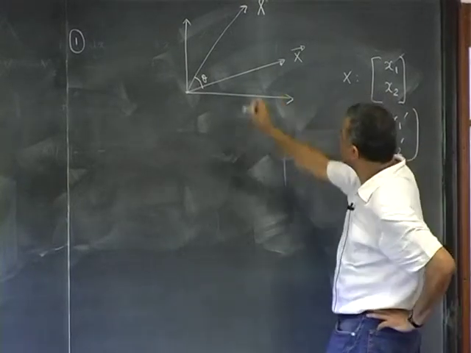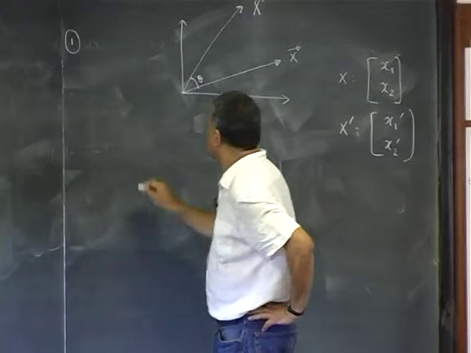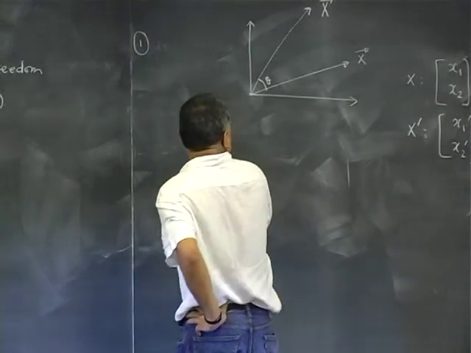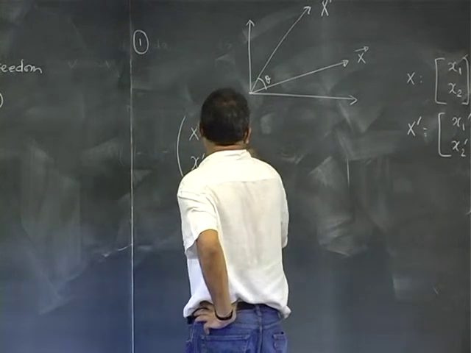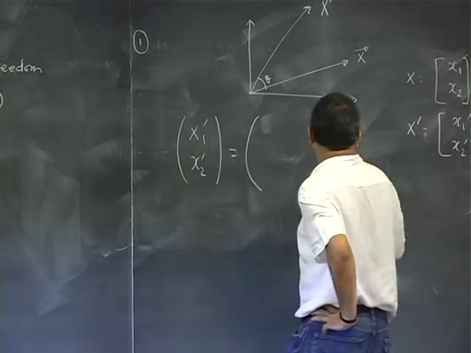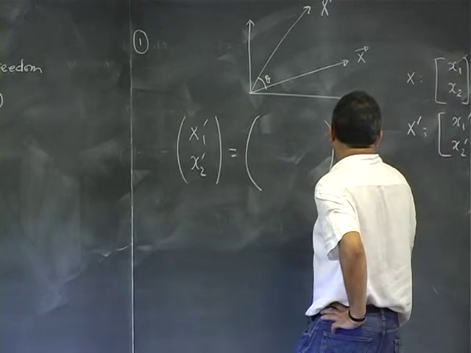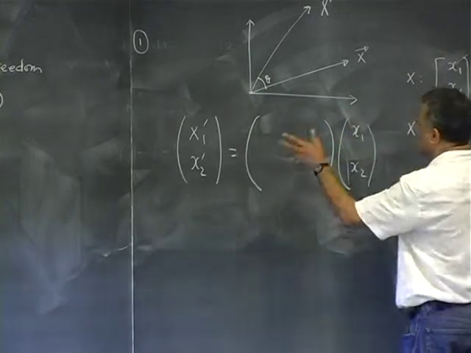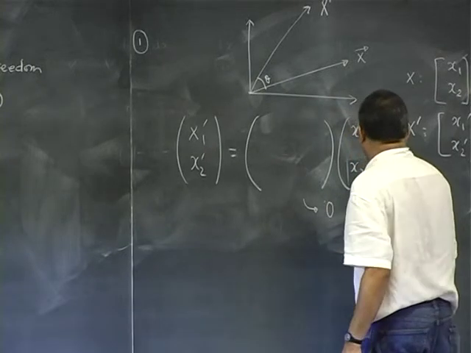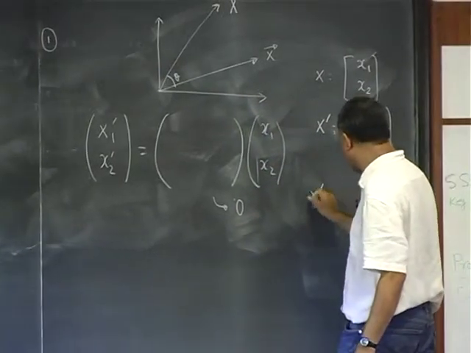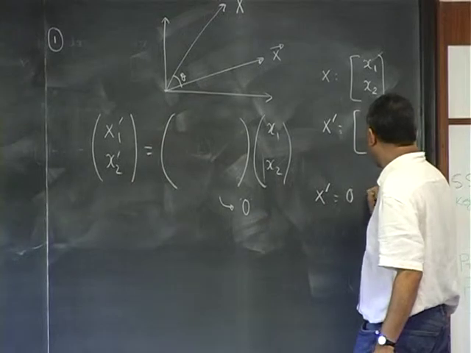So this is an orthogonal transformation. That means this vector x1 prime, x2 prime is related to x1 and x2 by this transformation. This is an orthogonal matrix O. So O relates x prime as O times x.